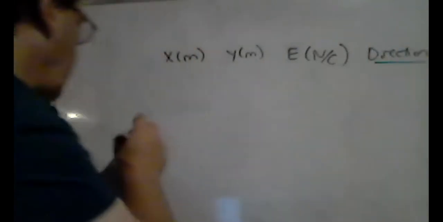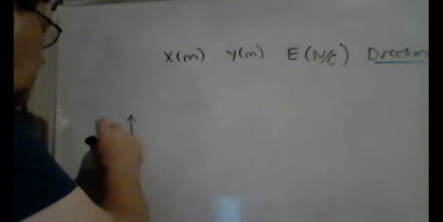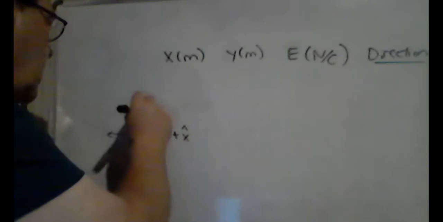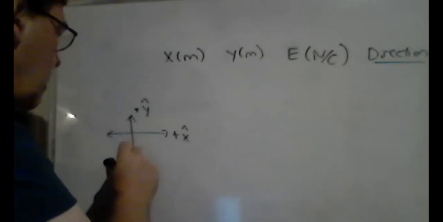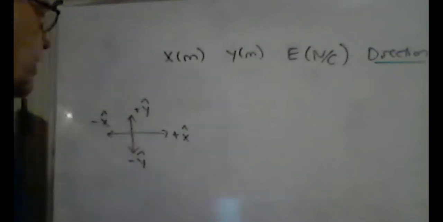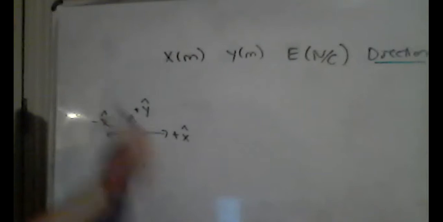Off to the side, I wrote down my orientation, which is positive x hat to the right, positive y hat up, negative y hat down, negative x hat to the left. So I can actually speak in terms of these unit vectors. And what would I say?